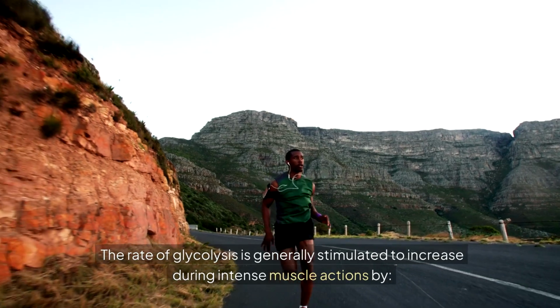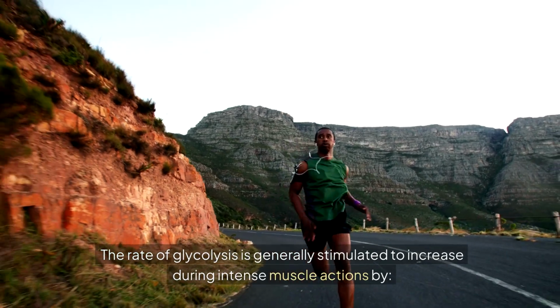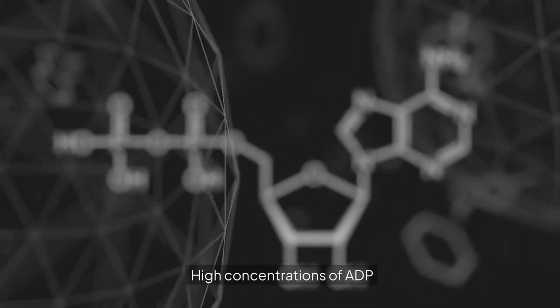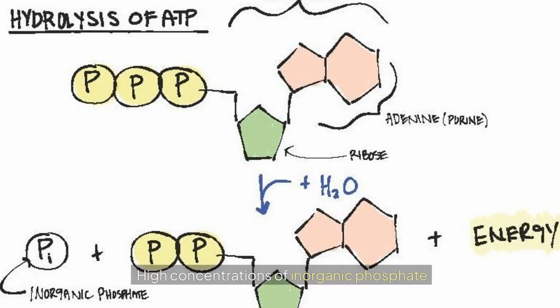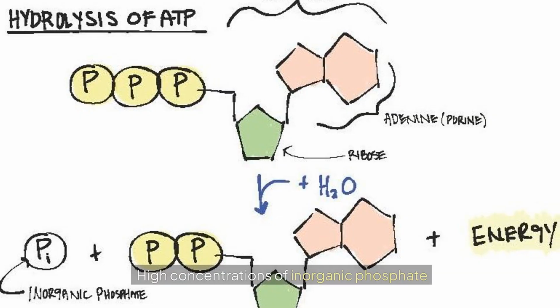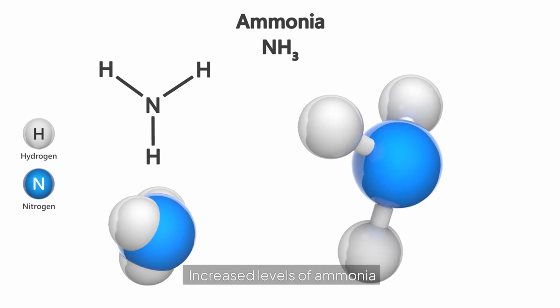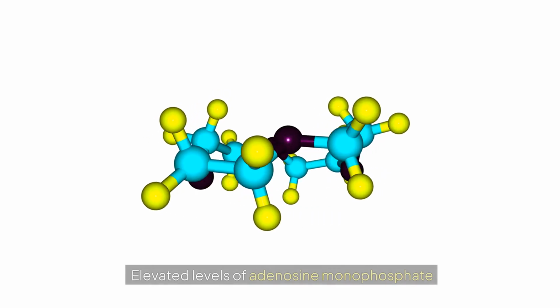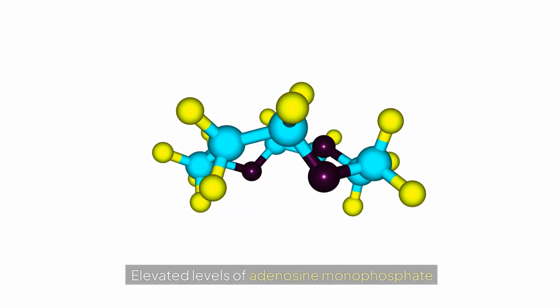The rate of glycolysis is generally stimulated to increase during intense muscle actions by high concentrations of ADP, high concentrations of inorganic phosphate, increased levels of ammonia, a slight decrease in pH, and elevated levels of adenosine monophosphate.